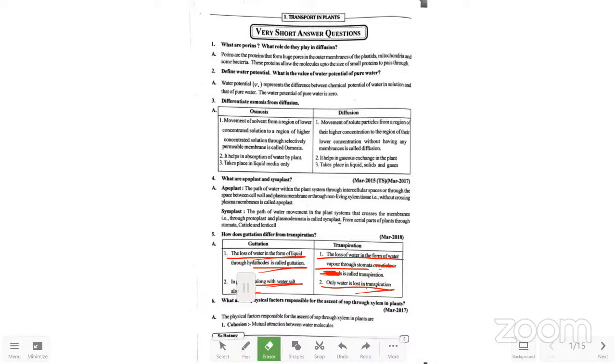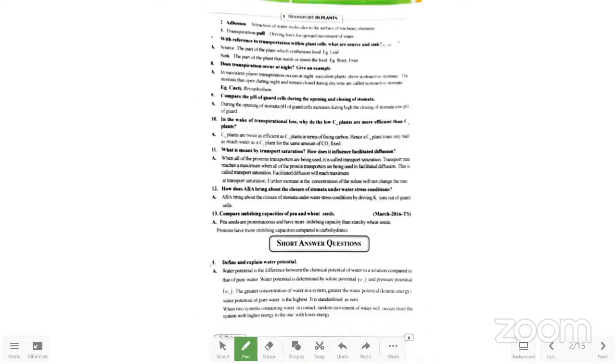Now comes the next one. What are the physical factors responsible for the ascent of sap through the xylem in plants? The physical factors responsible for ascent of sap are cohesion, adhesion, and the transpirational pull.